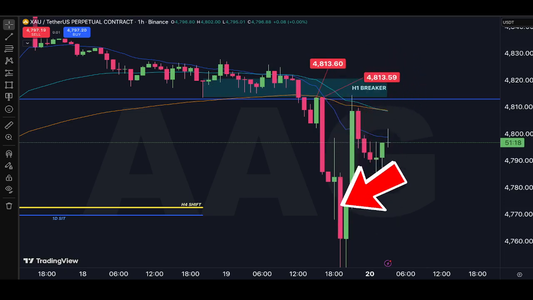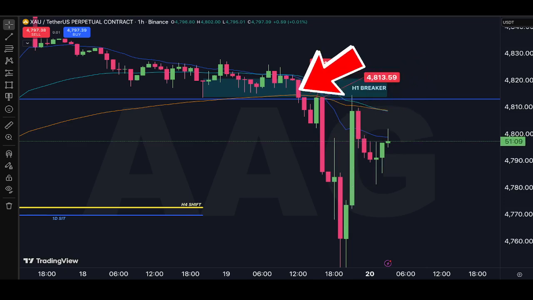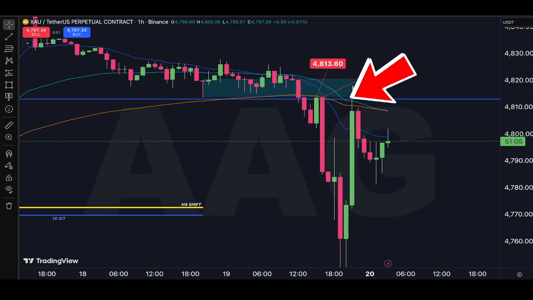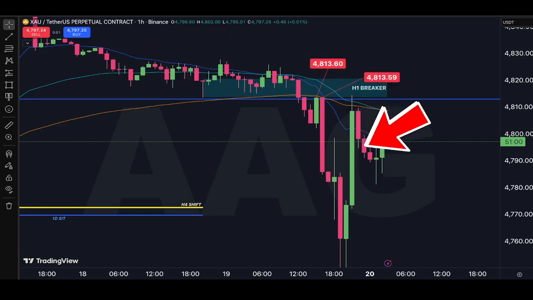From a liquidity perspective, we had a double area here, and so it was expectable for price to reject off this high. And we can see here, following the structure and everything, bearishness unfolding.